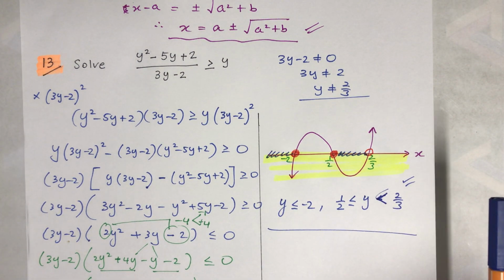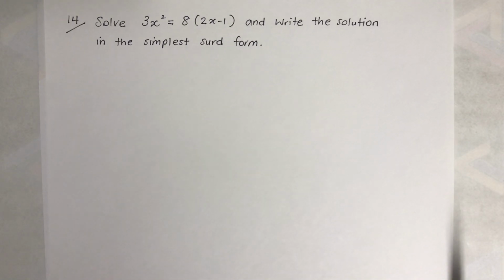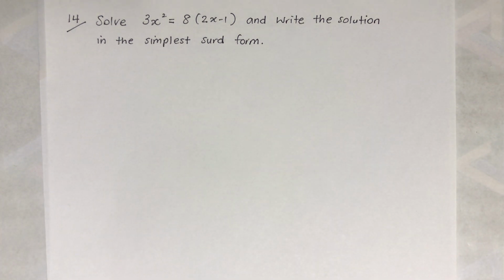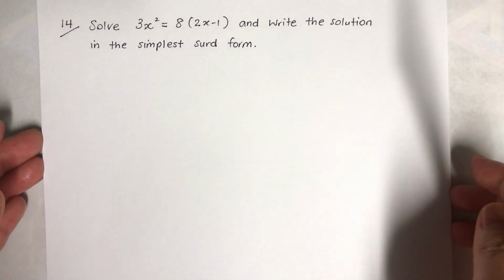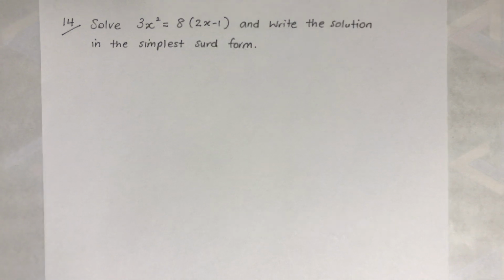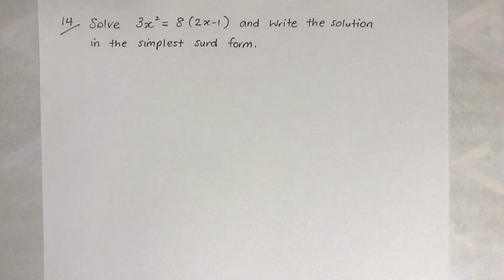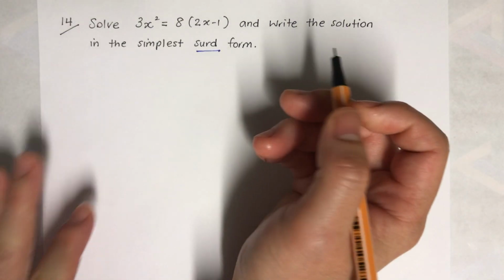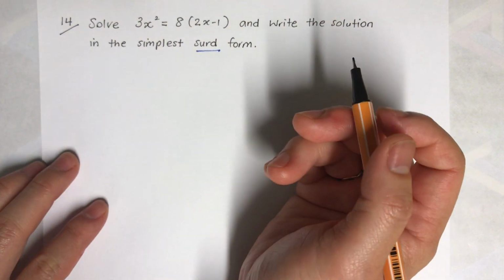Okay. So question 14, second last one. Woohoo! It's going to be a pretty long one, but I think you're doing great. Question 14. Solve that and write the solution in the simplest surd form. Okay, so let's have a look.